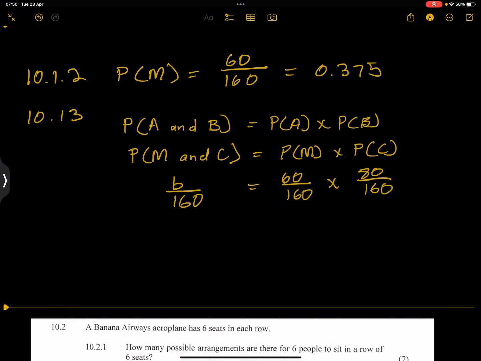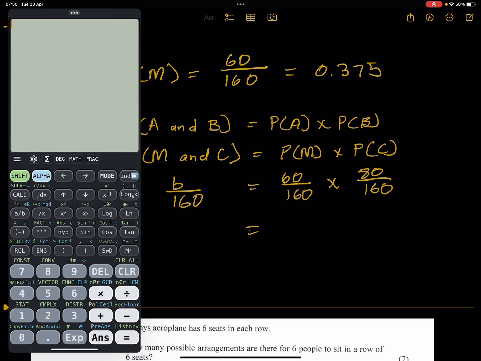All right, so we're going to do some gymnastics there mathematically. So that's 60 over 160 multiplied by 80 over 160. Okay, I get 3 over 16 on this side, and this would be B over 160.